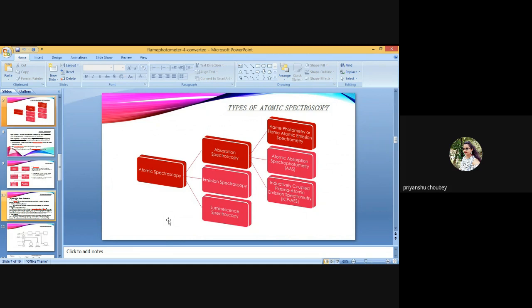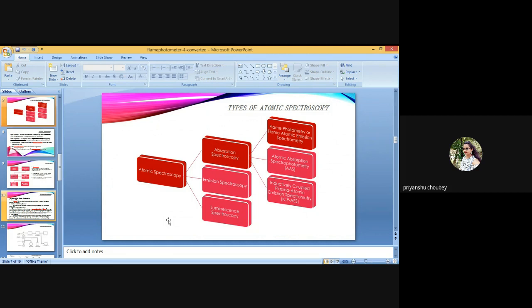The method of presenting the sample to the plasma is similar to that used in flame atomic absorption. The liquid sample is aspirated into the plasma through a nebulizer system by using argon carrier gas at the rate of about 1 liter per minute.